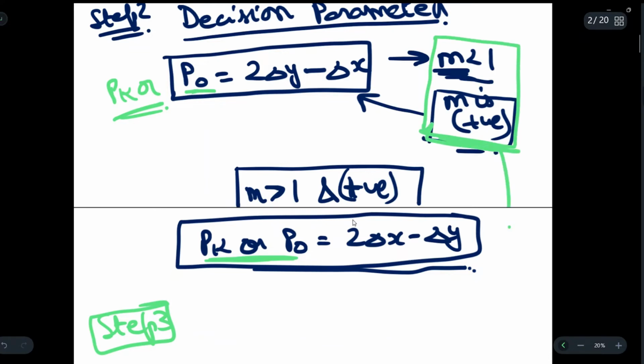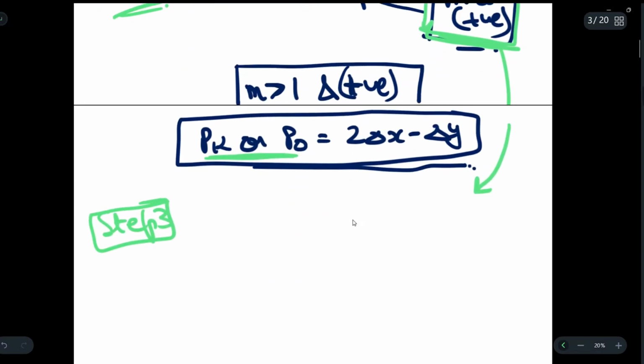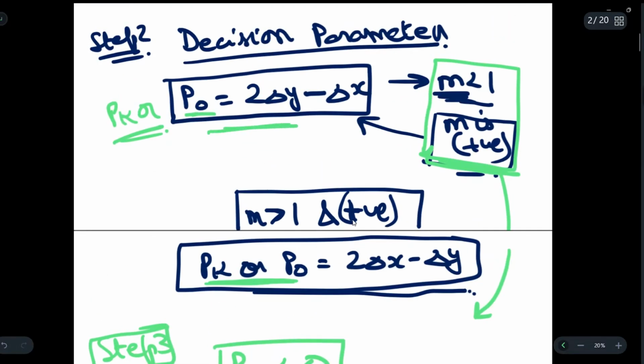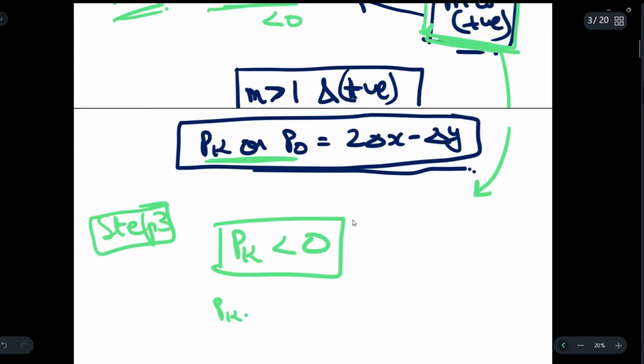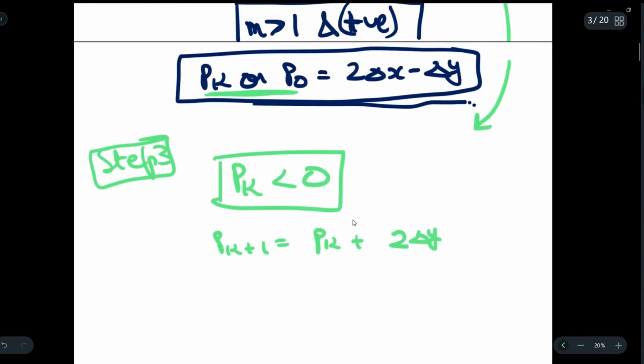So for that, step 3 is: suppose pk is less than 0, then we have pk plus 1 as pk plus 2 del y, and xk plus 1 will be given as xk plus 1.